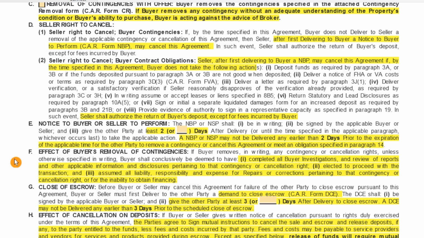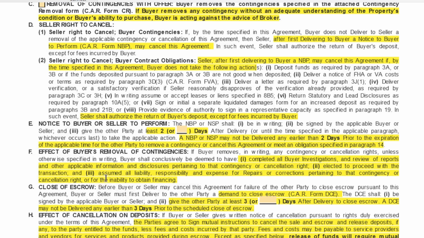Section 14F, regarding the effect of the buyer's removal of contingencies. I can't stress how important this is to buyers. If the buyer removes in writing any contingency or cancellation rights, the buyer shall conclusively be deemed to have completed all their investigations and reviewed all the reports and all the disclosures, and elected to proceed with the transaction.